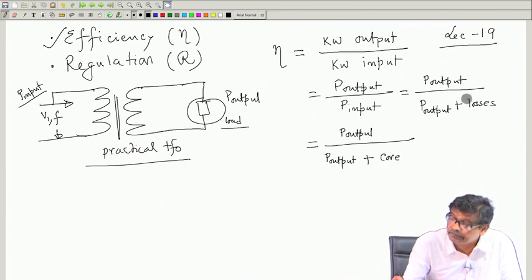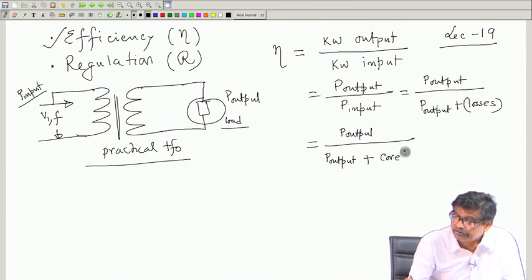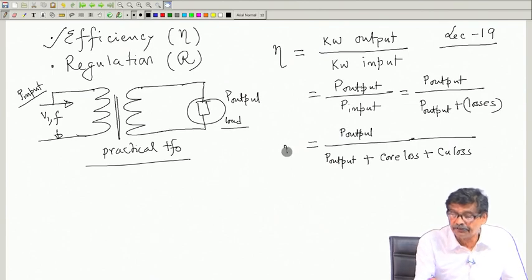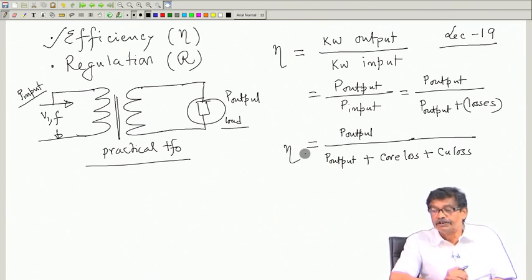This I will break up into two parts, core loss plus copper loss. This will be the expression for efficiency of a transformer.